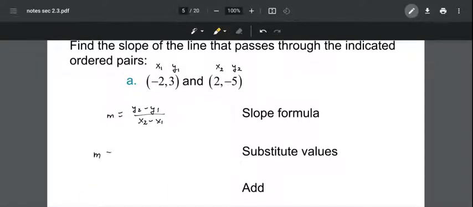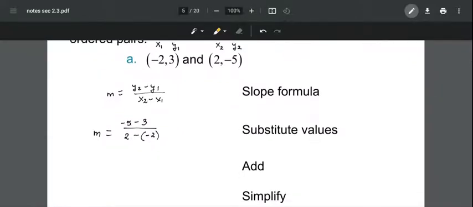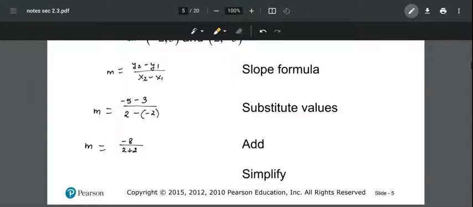So slope is equal to y2, which is negative 5, minus y1, which is 3, divided by x2, which is 2, minus x1, negative 2. Now we're going to simplify. Negative 5 minus 3 is negative 8, and 2 minus negative 2 means 2 plus 2. So we have negative 8 divided by 4, and the slope is equal to negative 2.